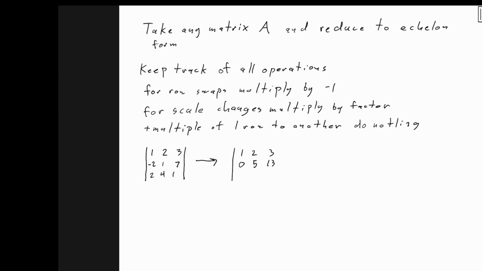And add -2 times row 1 to the third. That gives me 0, 0, and -6 plus 1 is -5. And all I have done is add a multiple of one row to another, so I have changed my determinant by nothing.